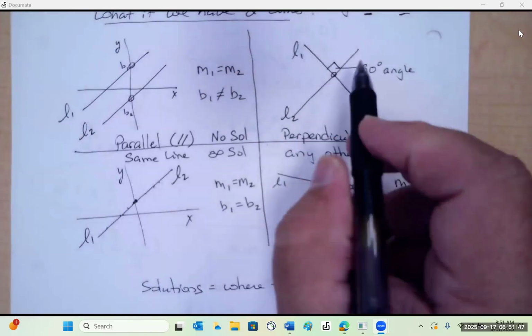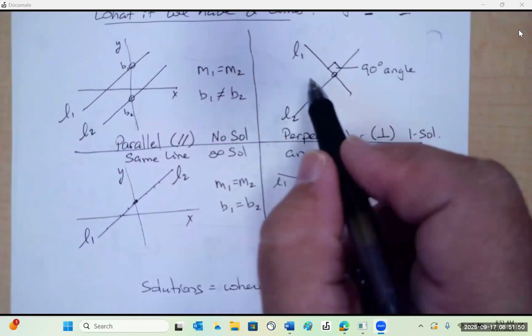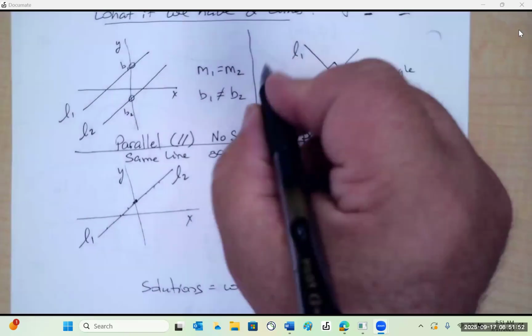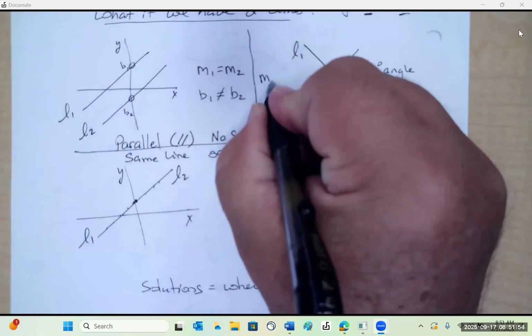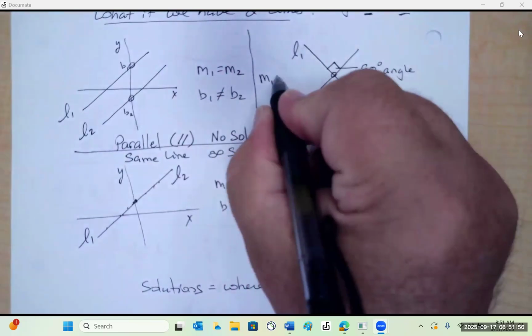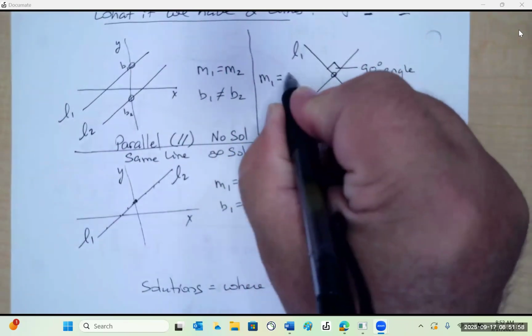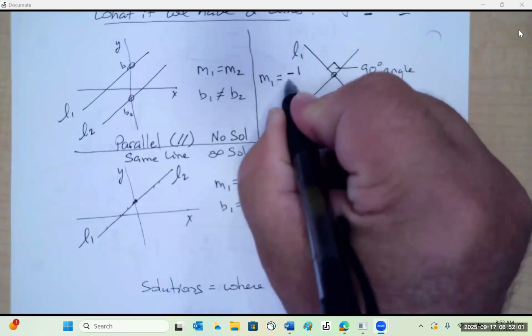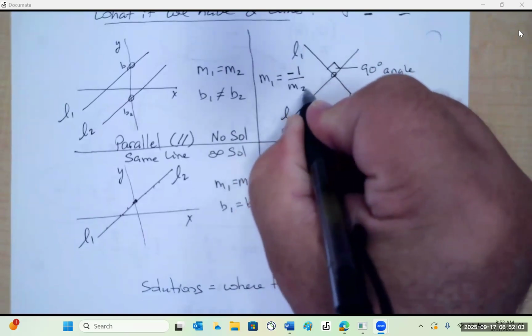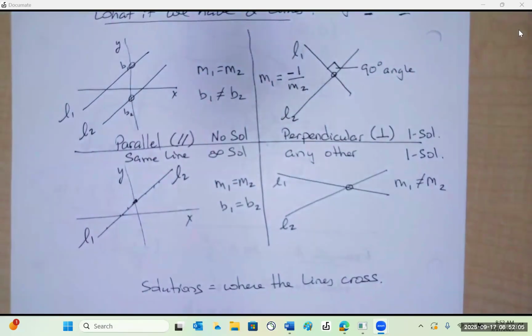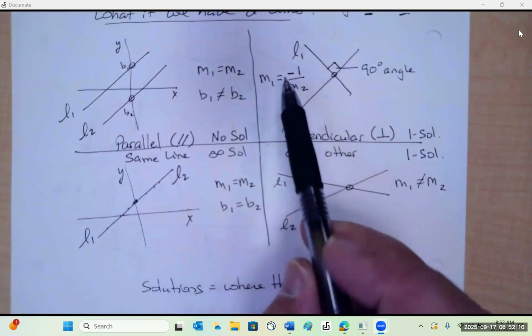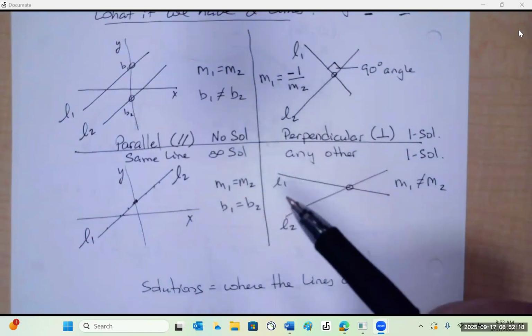Now, here's the tricky part. If they're perpendicular, how do we know they're perpendicular? If the slope of one line is equal to the negative reciprocal of the second line. If the slopes are negative reciprocals, what does that mean?